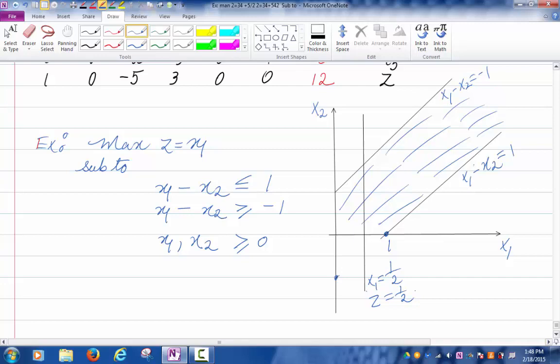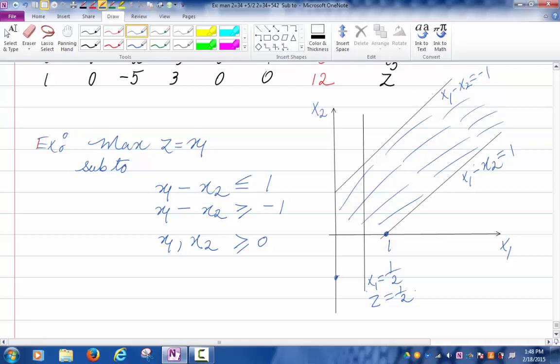Hint: change the objective function. What? Minimize it, or you can say maximize but put negative x1. If you do that, this problem still has an unbounded feasible region but has an optimal solution, right?